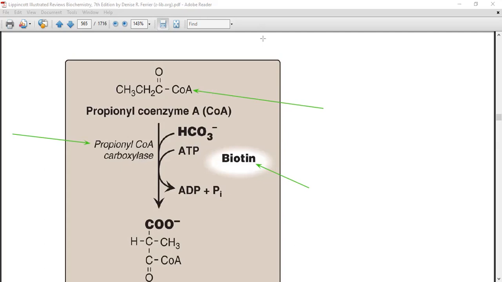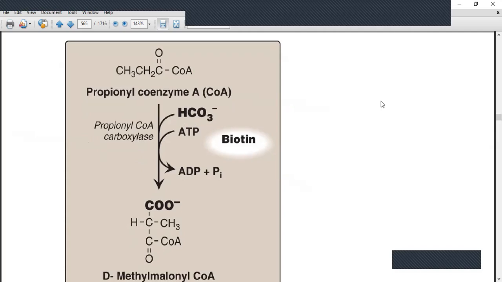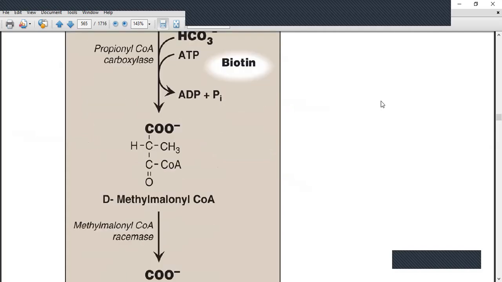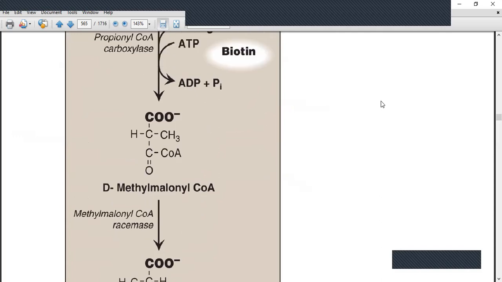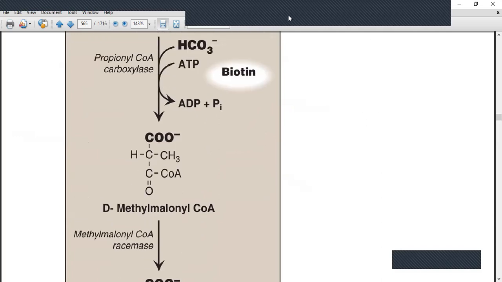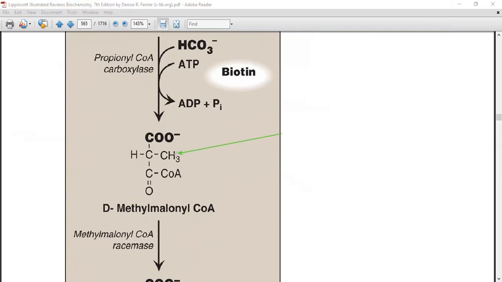We will get D-methyl malonyl CoA. Why D? Can you look at this methyl group at carbon number 2? Here, it is on your right, dexter position, D. D-methyl malonyl.